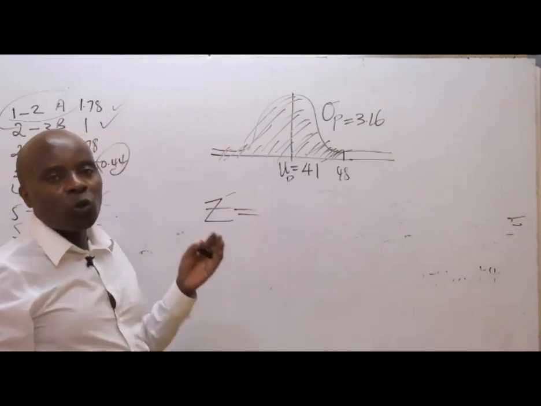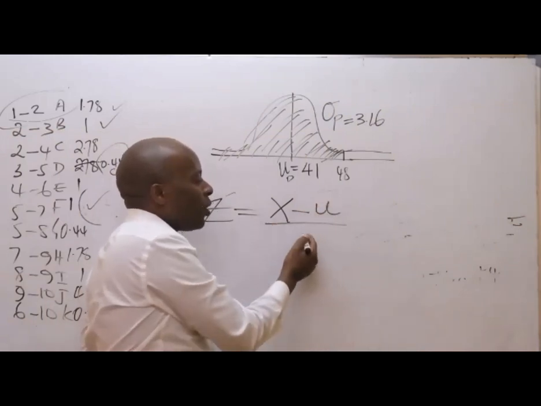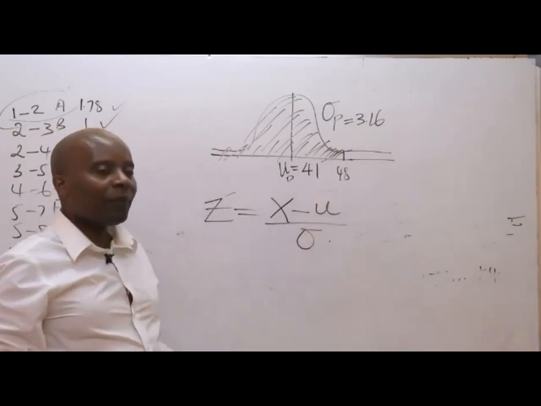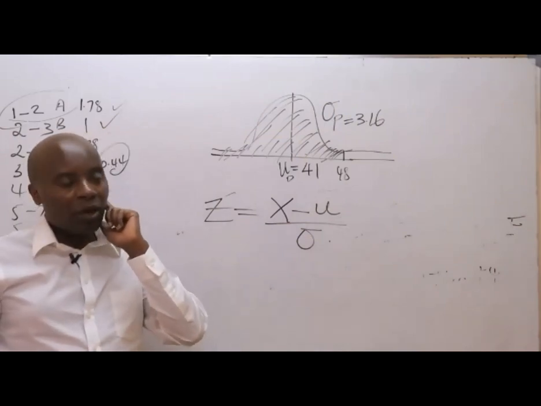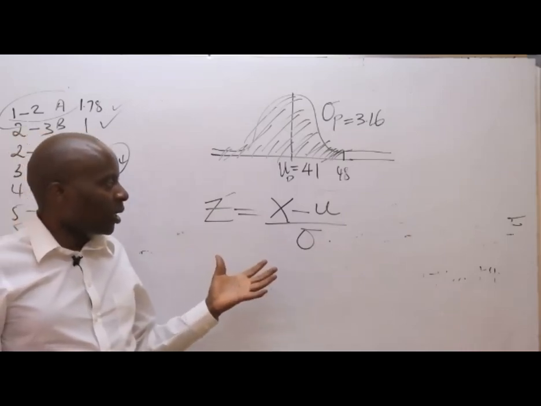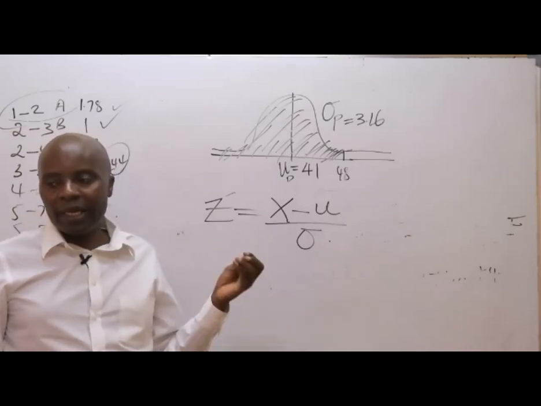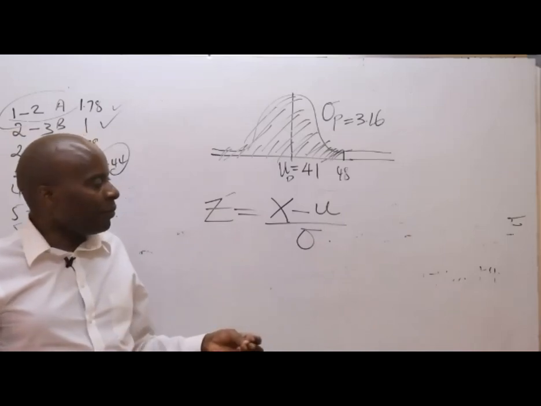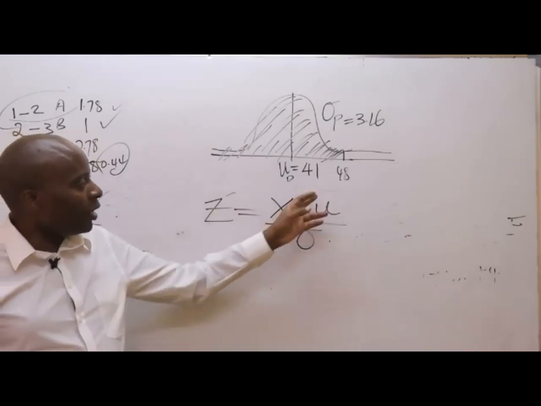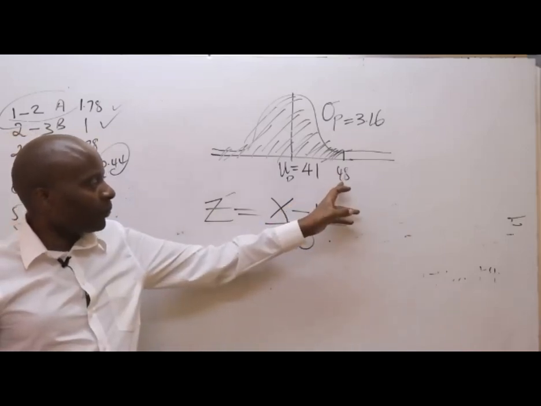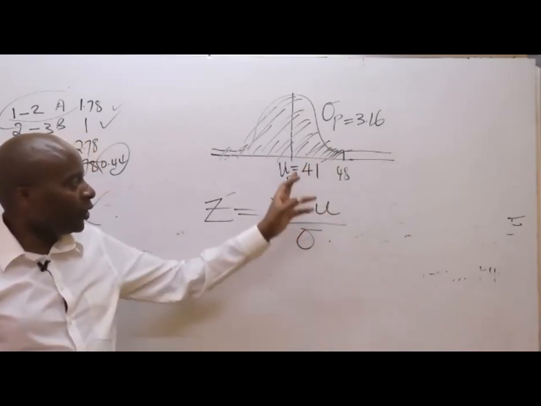The next thing will be for us to ascertain the Z figure. The Z score, how do we get it? Very easy. We talk of X minus mu divided by the standard deviation. So our Z here will be X minus mu divided by standard deviation. Here we have our parameter X, minus the mean, which is 41, divided by the standard deviation that we have up there.